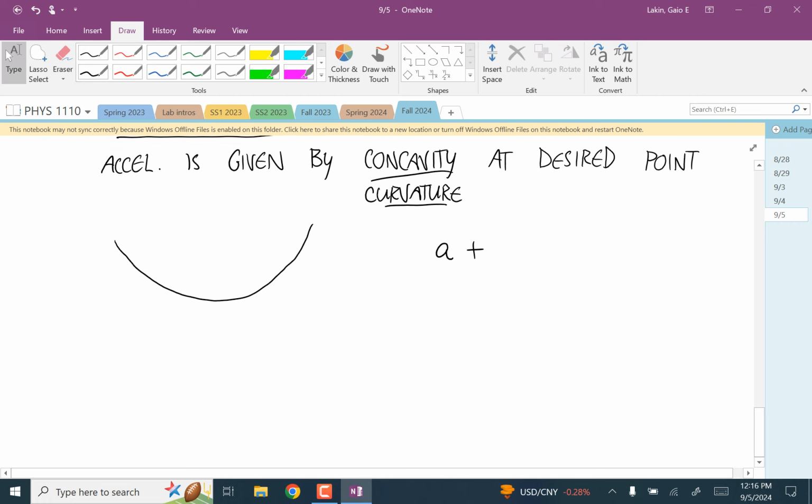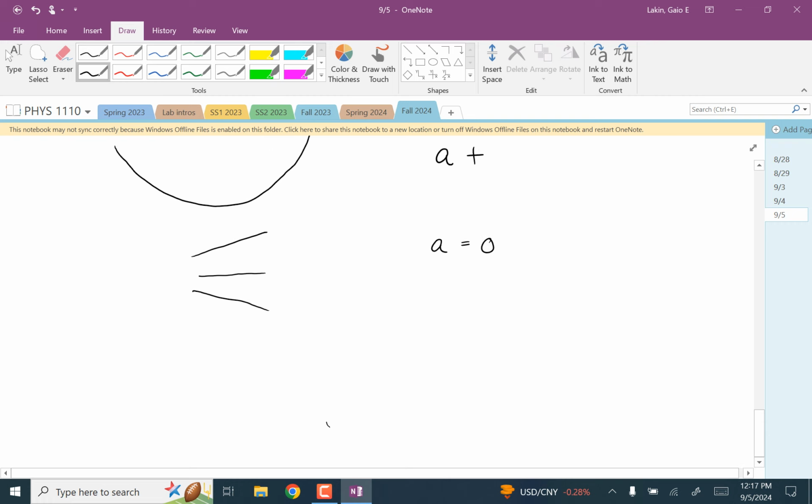If at the point you're looking at, the curve is part of a line, and any kind of line is the same answer, that's a constant velocity, and so the acceleration is equal to 0. And then last, if it's part of a curve like this, the acceleration is negative.